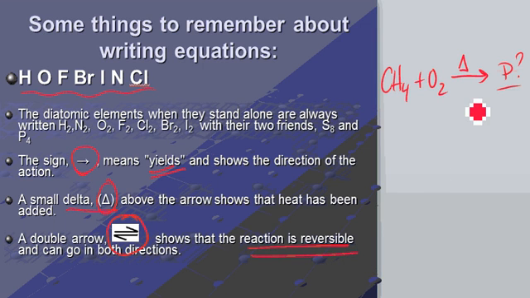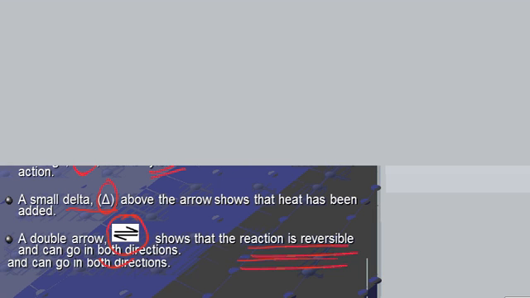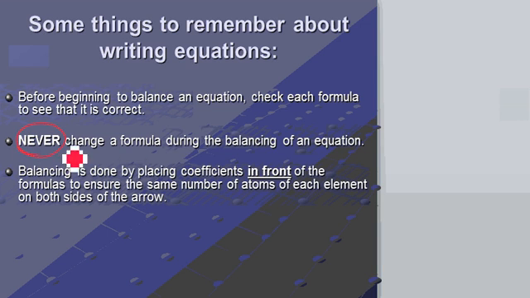So there will be some examples where we may say this goes like that, but it also can go in that direction. Probably the biggest mistake that students make is changing the formula. You cannot change the formula of a compound during the balancing. The only thing you can change is the coefficient in front.